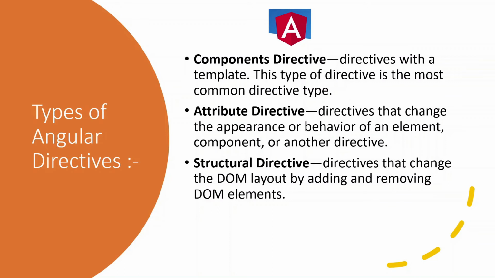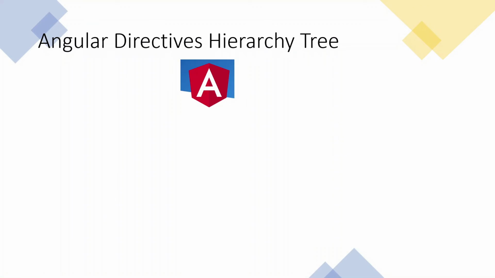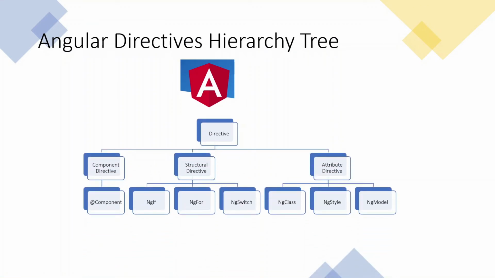Now take a look at the Angular directive hierarchy. So let's take a look at the Angular directive hierarchy tree. If you see, on the top we have directive. This directive has three types: component directive, structural directive and attribute directive. This component directive has @Component, and by this you can see it is a component directive.